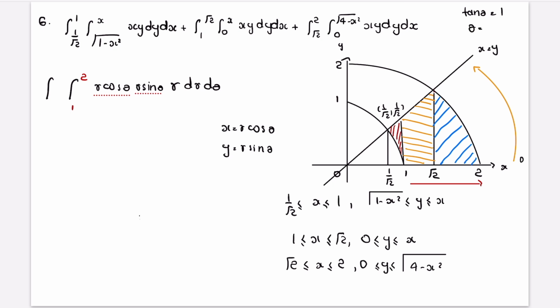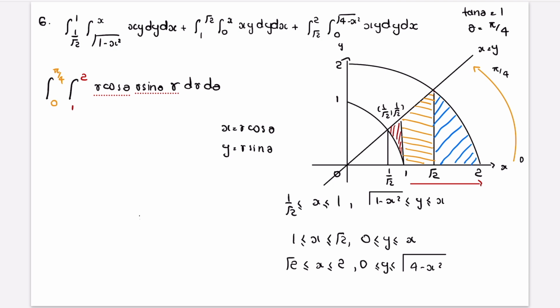The answer is that theta is pi by 4. Yeah, so now we know the range of theta. So theta is from 0 to pi by 4.